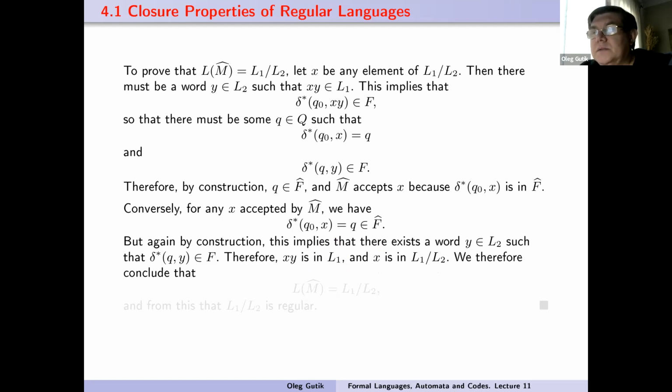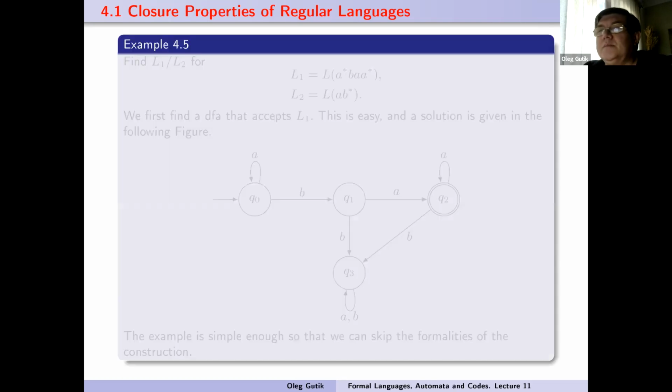We therefore conclude that the set of words accepted by the automaton M capital with hat coincides with the right quotient of language L1 with language L2, and from this we get that this language is regular. This completes our proof.